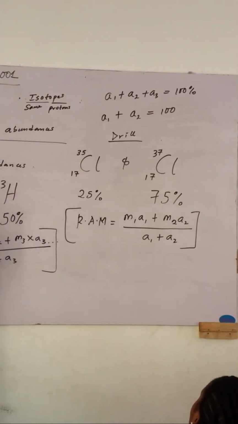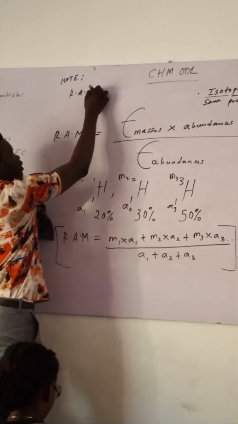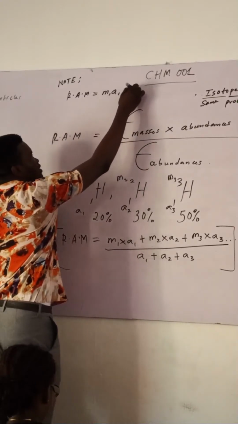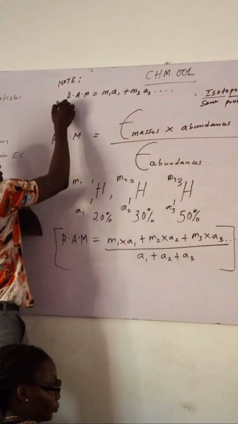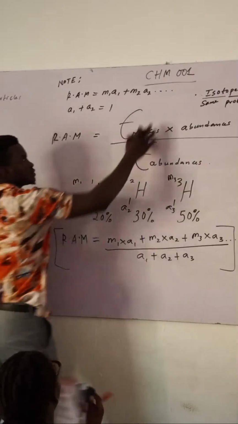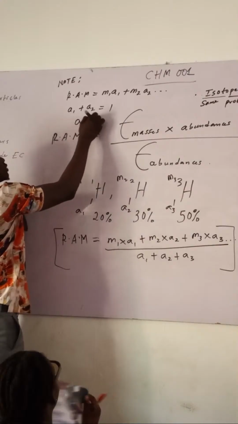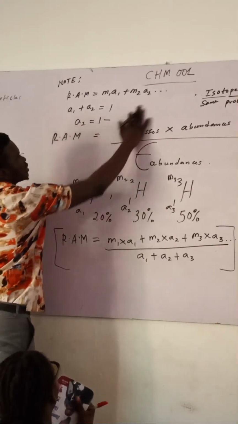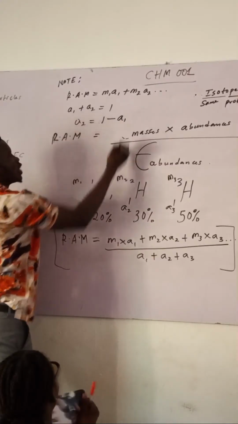You will see questions on this when you start solving. But note these two formulas that can help you. RAM equals M1A1 plus M2A2, and so on. And A1 plus A2 can be equal to 1 in fractions, so A2 equals 1 minus A1.